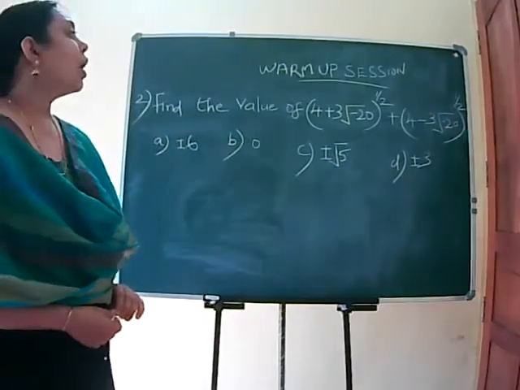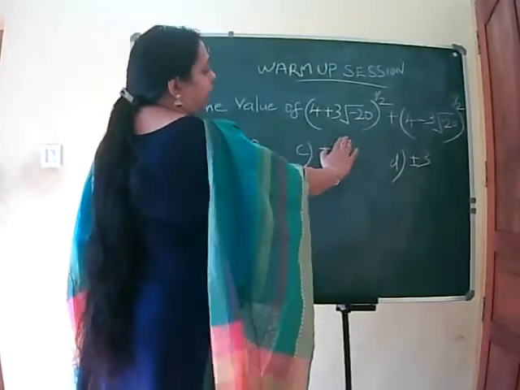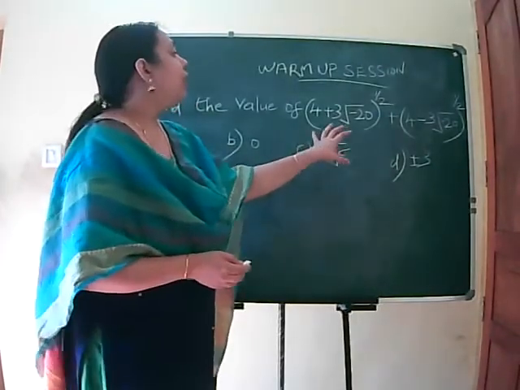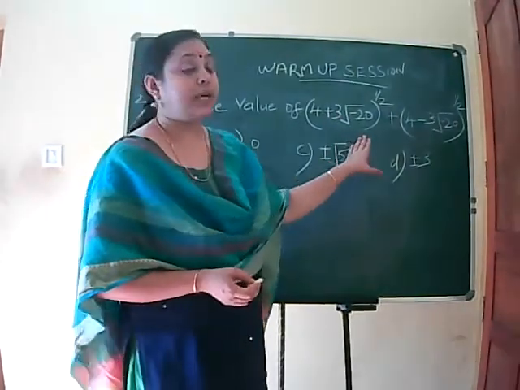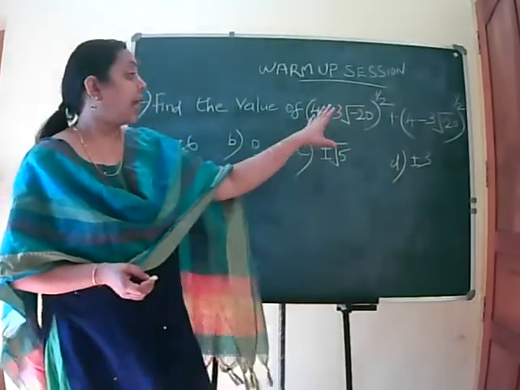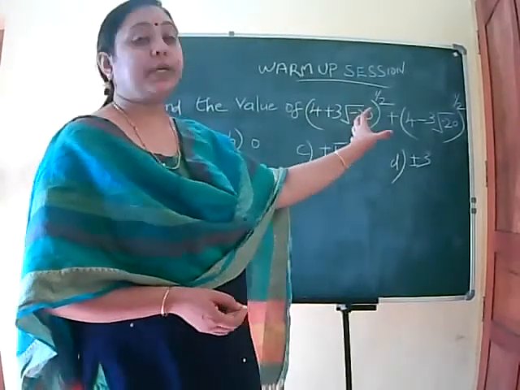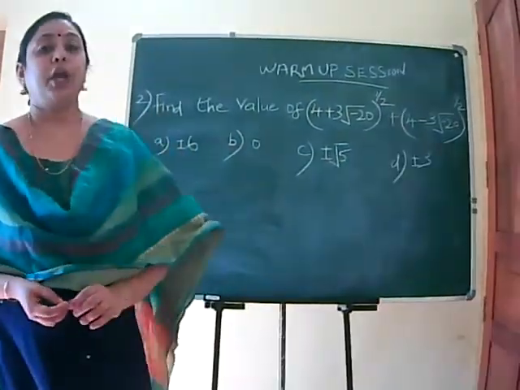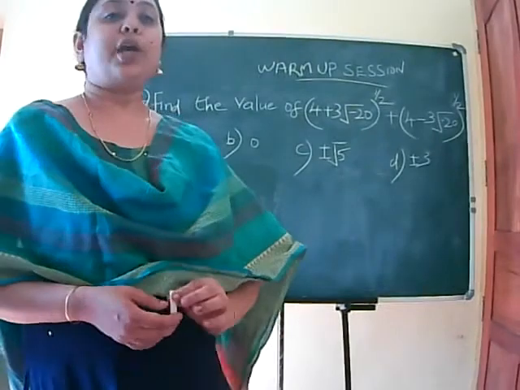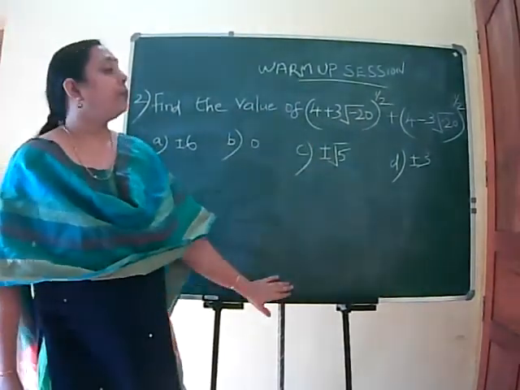Okay, first of all, we take this portion. Here, this expression contains the square root of a negative number. That is the hint to confirm that this expression belongs to the chapter complex numbers. Okay, so let us start with the question.